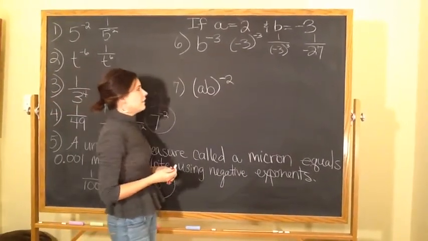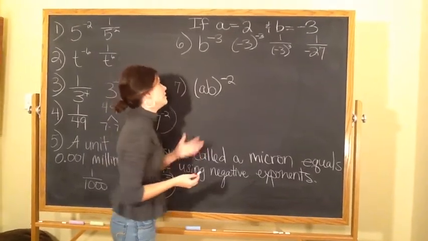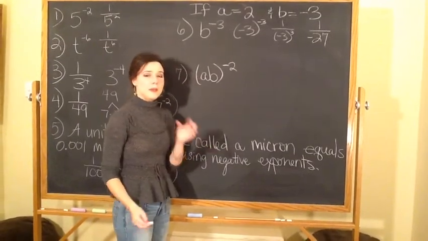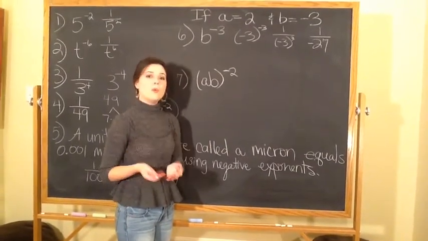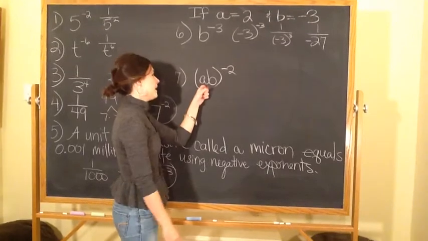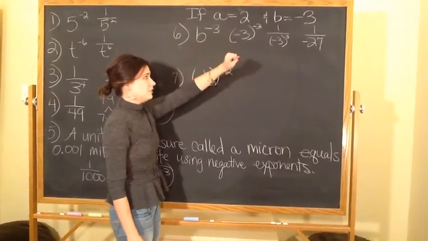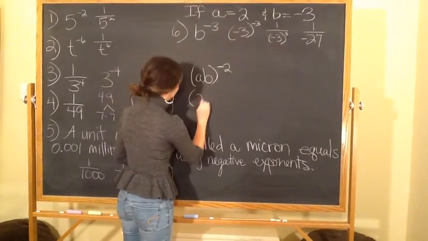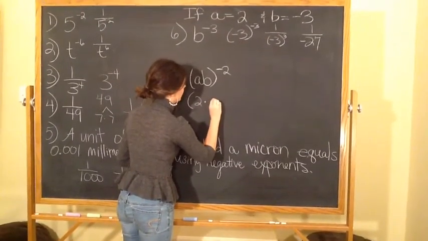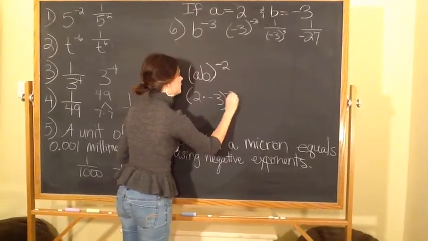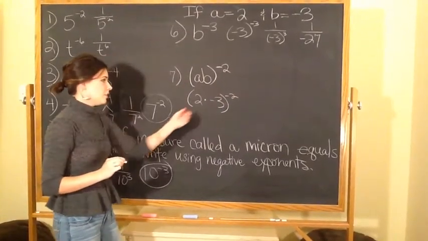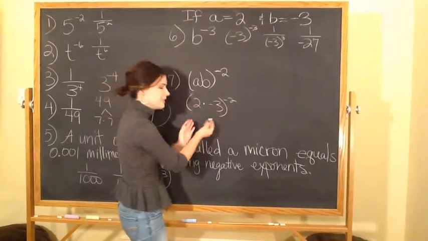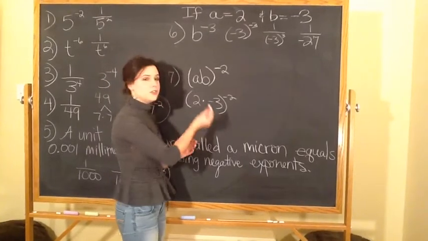Alright, this one we have another operation to do in addition. We have a and b here, and anytime you have variables right by each other, it always means multiplication. So we're doing a times b. a is 2 and b is negative 3. So we're going to do 2 times negative 3, all of that raised to the negative second power. With the order of operations, we start with parentheses. So we need to do what's inside the parentheses first, then we can do exponents.